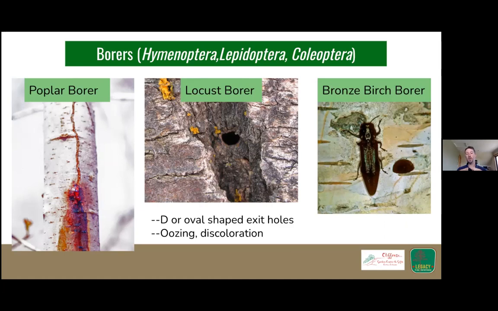It still is doing damage, but you can treat borers, except when it introduces a fungal pathogen, such as the poplar borer, which often introduces cytospora. Now you can still treat poplar borer, but when you start to see stuff like this, then you know that the wound it has created has been occupied by some sort of fungal pathogen, and that's kind of it. So that's borers in a nutshell.